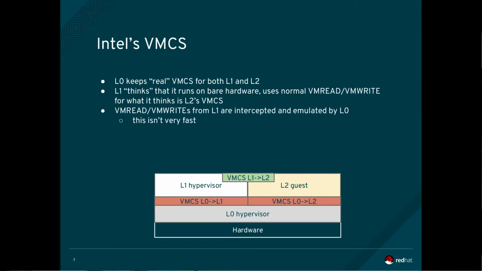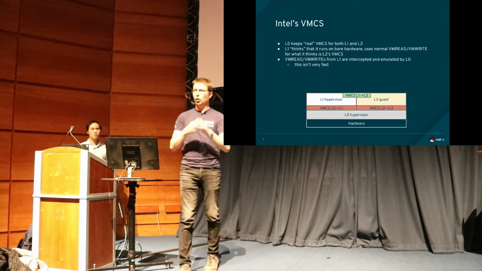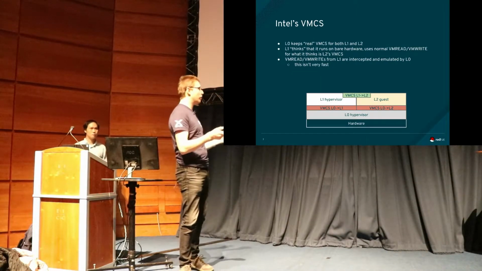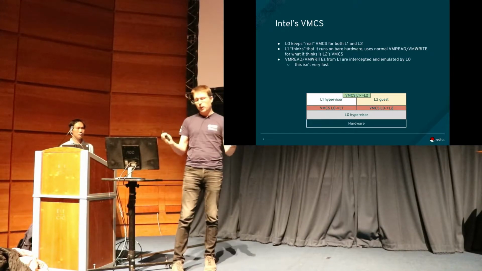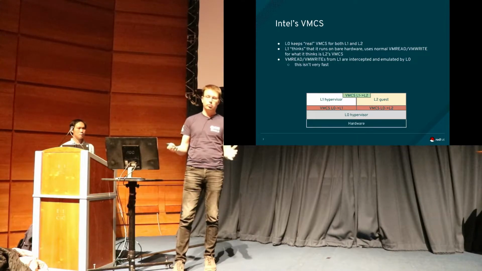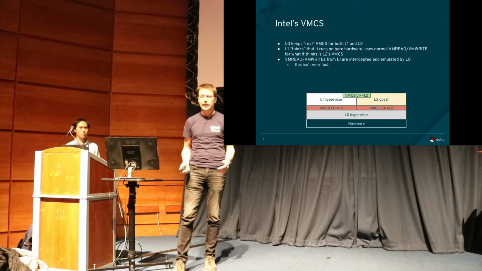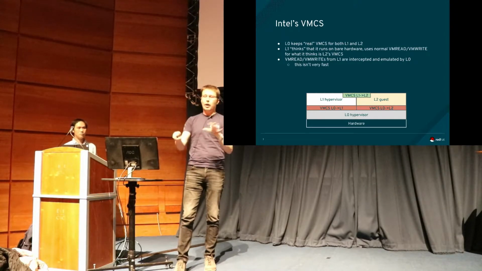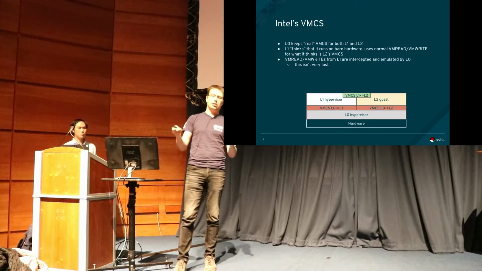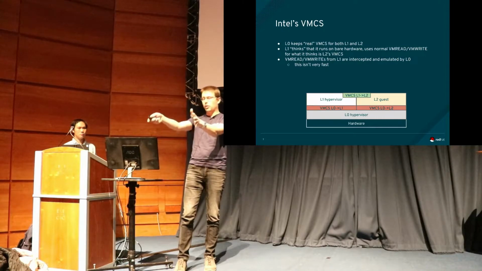The other feature I wanted to talk about is Hyper-V Enlightened VMCS. So you all probably know how virtualization is implemented on the Intel platform, right? Basically how you run a virtual machine on Intel: you create a structure in memory, page size, and then with special instructions you set the required state, like registers and other stuff, and then you tell your CPU, please run this, this is my virtual machine.